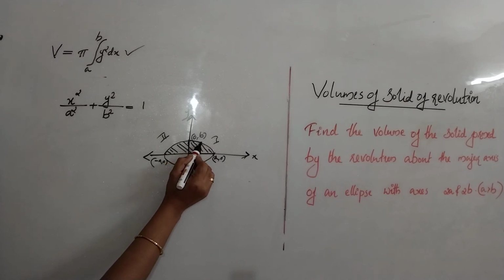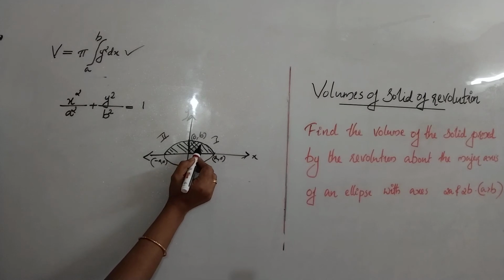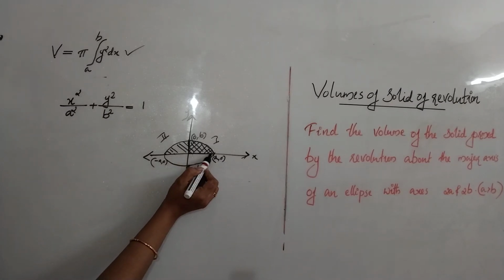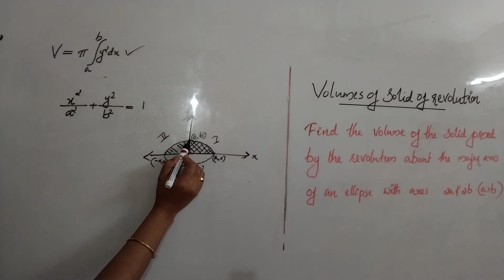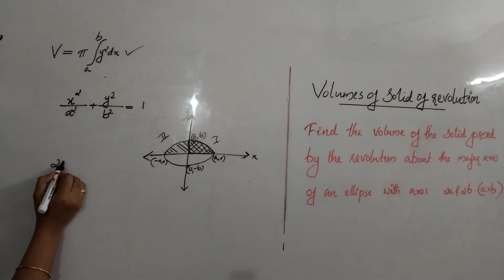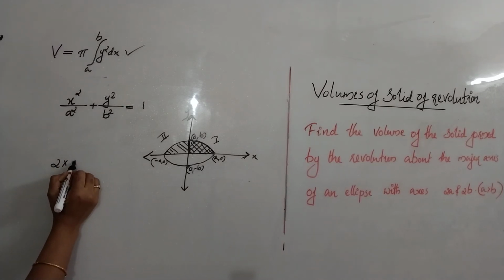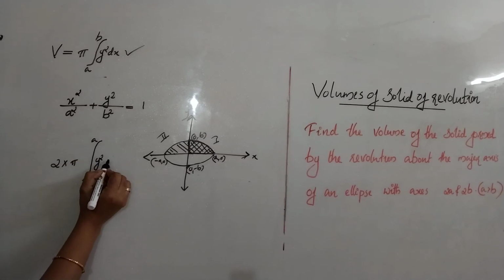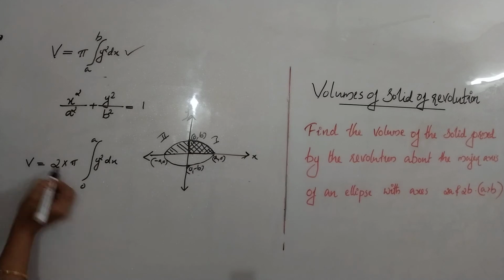Here the given curve, that is the ellipse, is symmetric about the x-axis. So to find the volume of the solid of revolution, you just take this part of the curve, and 2 into pi integral 0 to a y square dx gives the total volume.